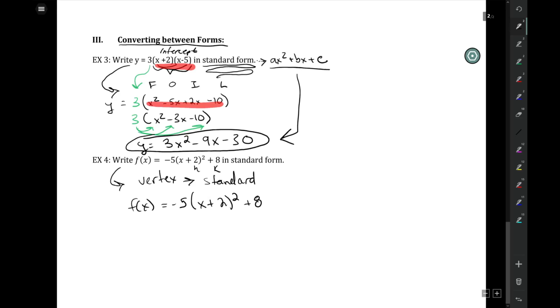First common mistake is they square the first and they square the second. Dude, you cannot distribute the square. You need to instead remember this is (x plus 2) times (x plus 2). I have two of them. Everything else stays as is.